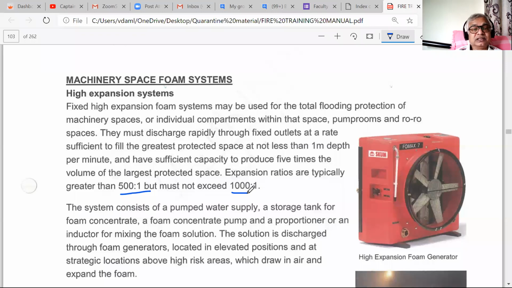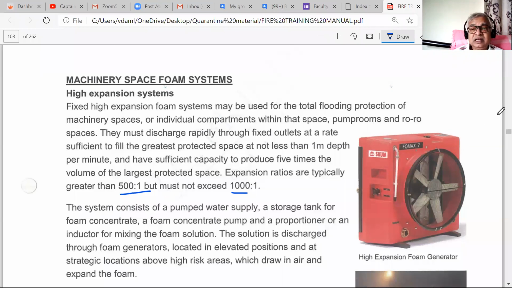That is a high expansion system. Now, here the difference is, in the earlier medium expansion system, there is a mixer, it produces foam, the foam is carried and everything is perfectly fine. Here, to create this sort of foam, you definitely need air. It has to be mixed with air.